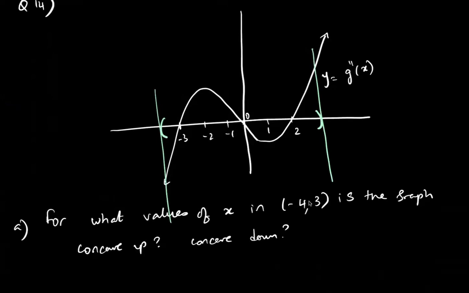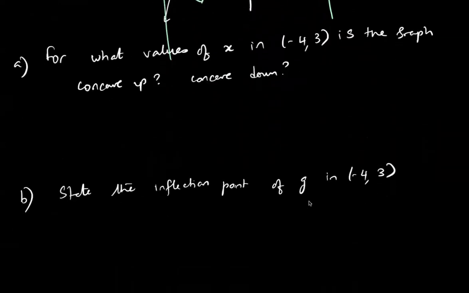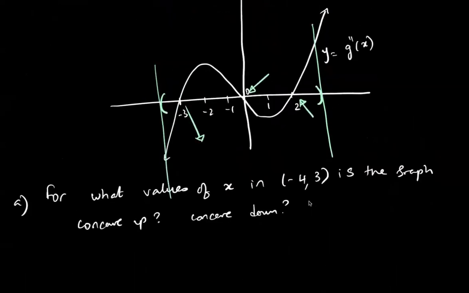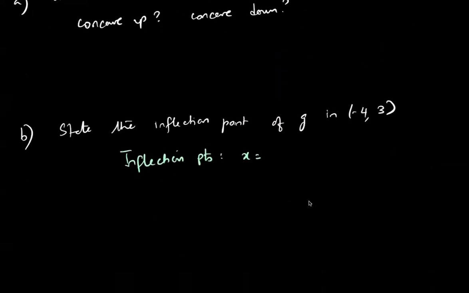In this interval, what do you see? You see that the second derivative has a value of 0 here, here, and here, correct? Those are all your inflection points. So inflection points will be at x equals negative 3, 0, and 2.